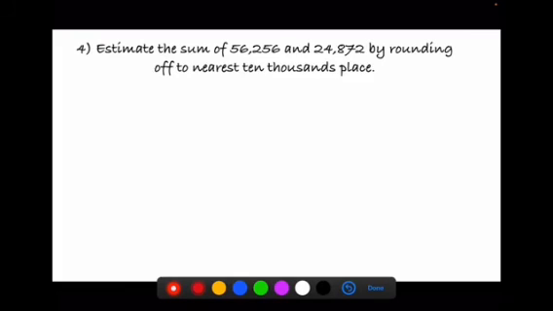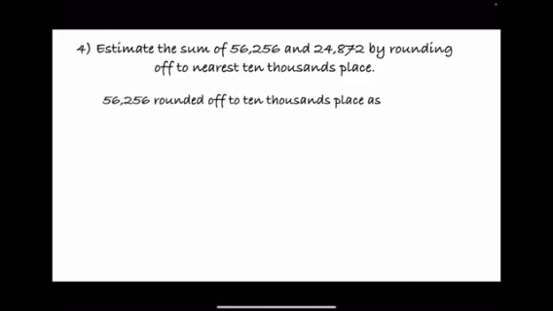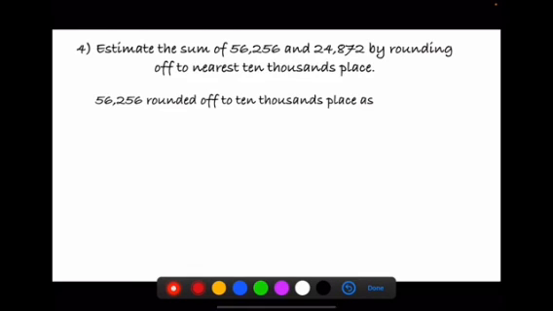Children, I expect all of you to solve all these problems along with me, as you have already learnt about these concepts in your previous classes and even the previous session as well. Let's start. 56,256 rounded off to the 10,000s place, what we get is, children, I have told you it is to the nearest 10,000s place.